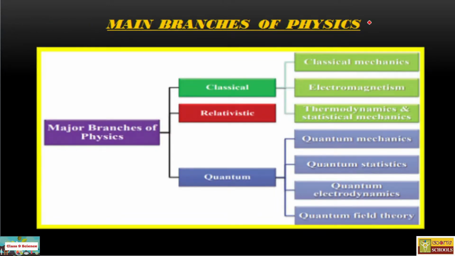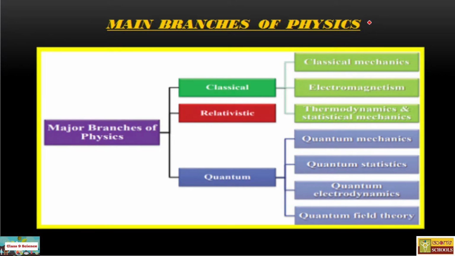Students, in the previous chapter, you had the definition of physics, which is given as the branch of science that deals with matter, energy, and their relations. I missed giving the different branches of physics, the major branches of physics.